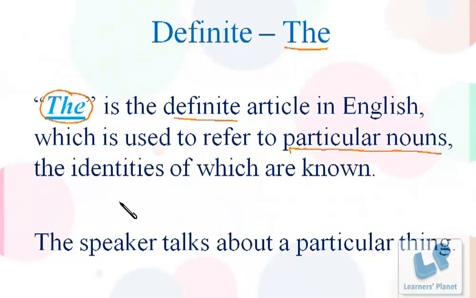This means that the is used when we are talking about some specific thing. When the speaker is talking about a particular thing and the listener is able to identify that thing. Okay? The speaker talks about a particular thing, meaning the thing which the speaker is talking about is known to the listener. Okay?